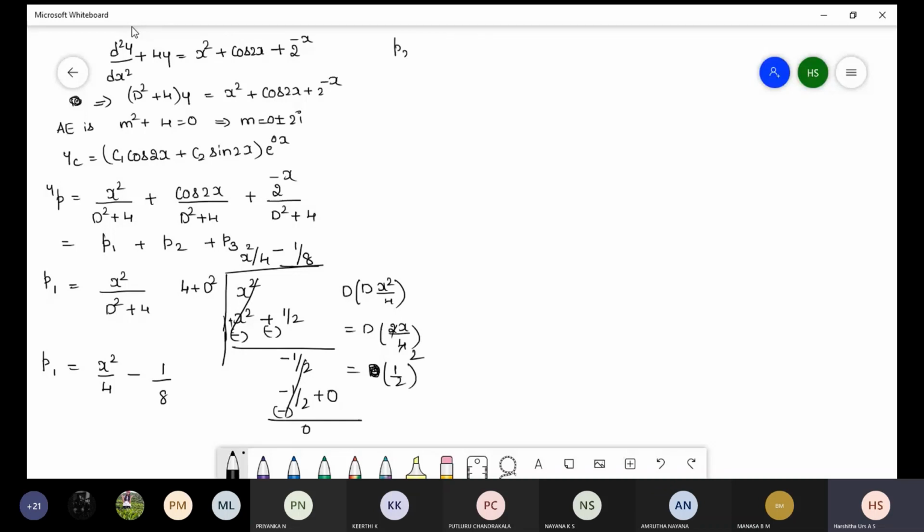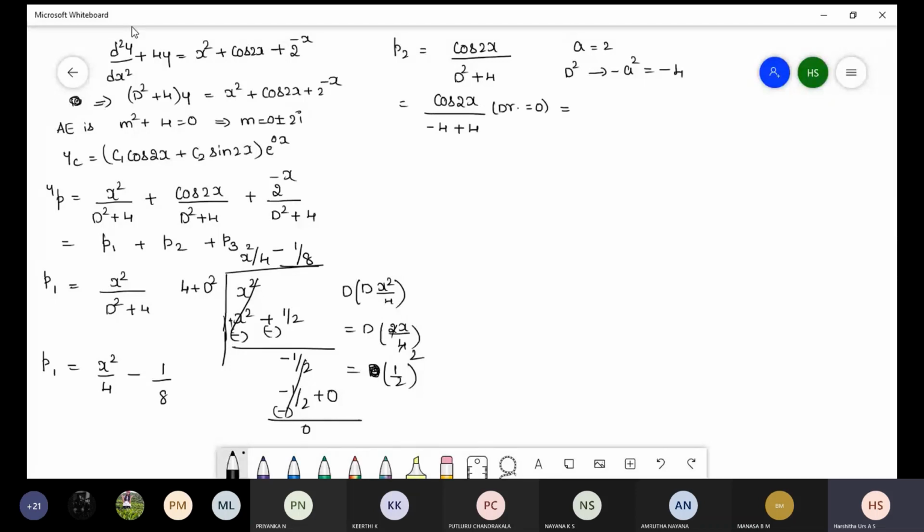Next P2. Here our d square should be replaced by minus a square, where a value is 2, that is minus 4. So cos 2x divided by minus 4 plus 4. So denominator here it will become 0.